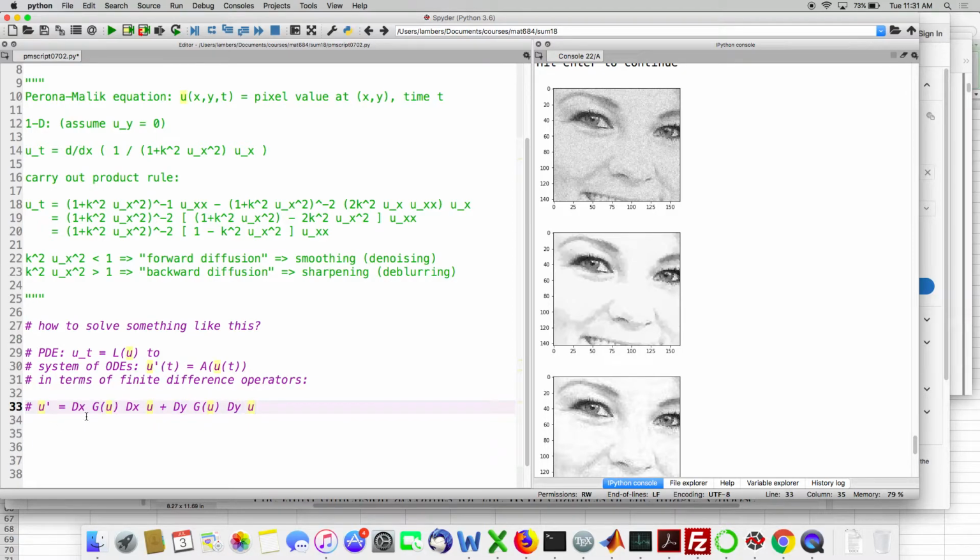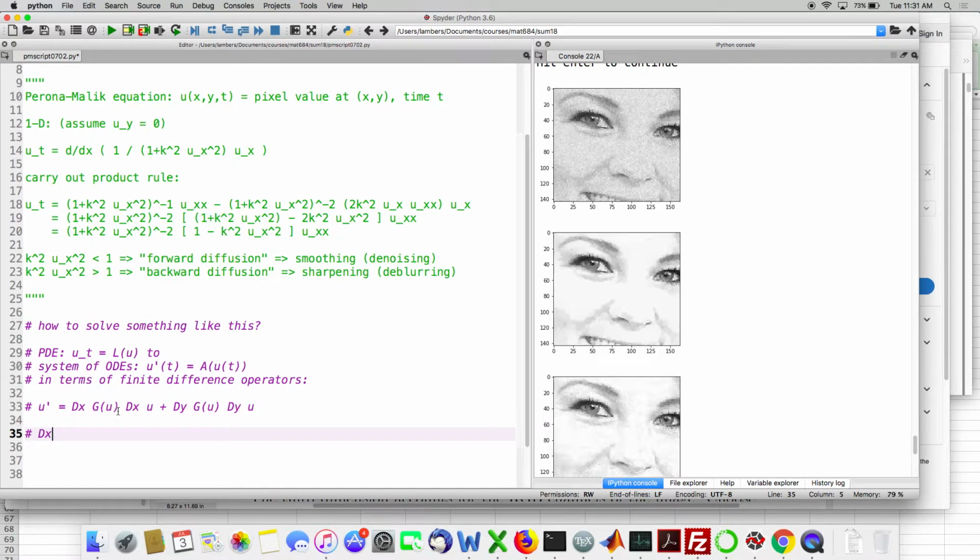So here's where the nonlinearity is, the fact that we have u out here. Here we have a matrix multiplying u, and in the middle of this we have a matrix that also depends on u. So that's what makes the whole thing nonlinear.